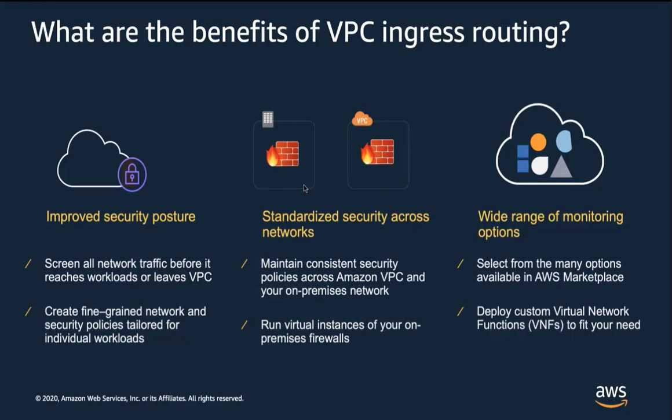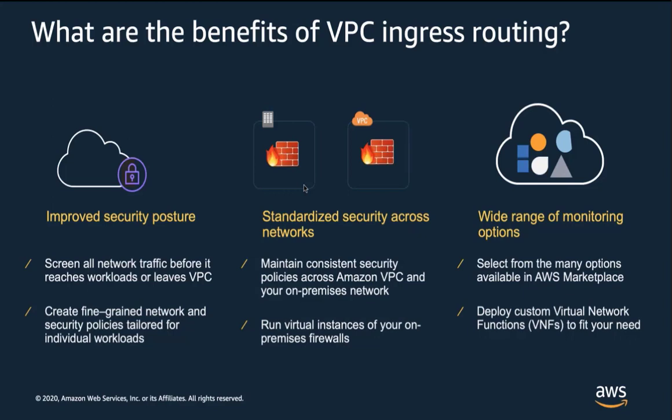And many of our customers used to route the traffic packets from their Amazon VPC back to their on-premises network, implement those security postures, and then send the traffic back to the Amazon VPC. And this would cause extra overhead as well as latency in their network. But now these customers can run their virtual instances of their on-premises firewalls in the same VPC as the workloads.